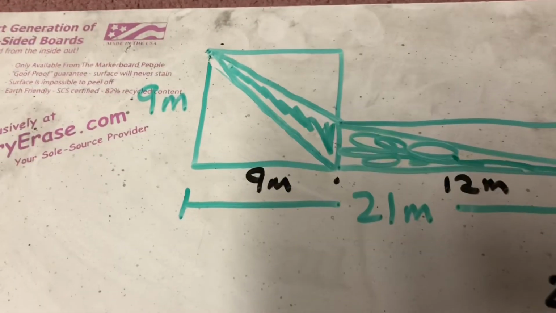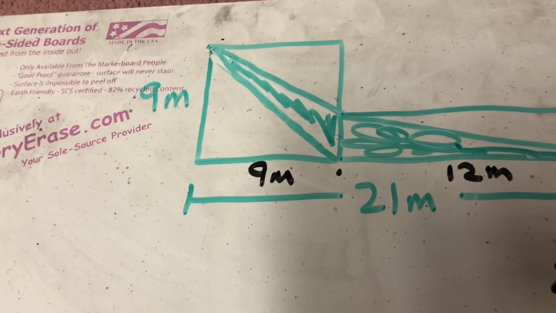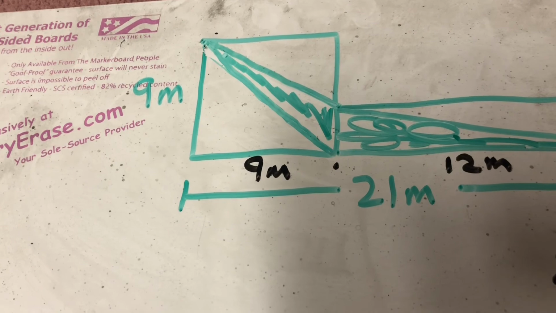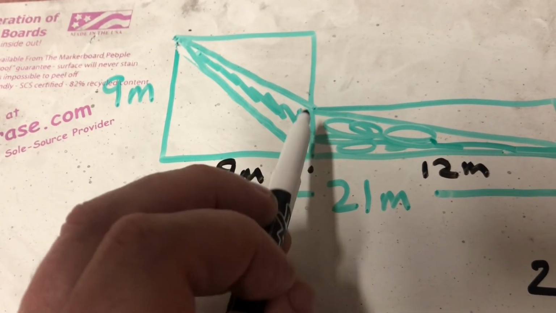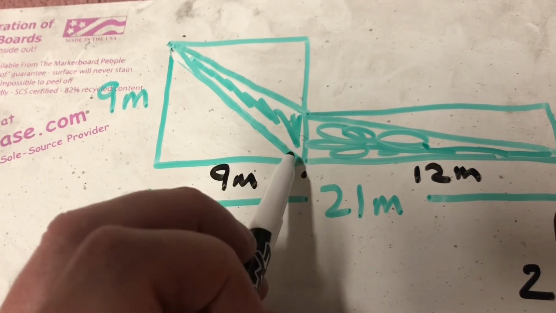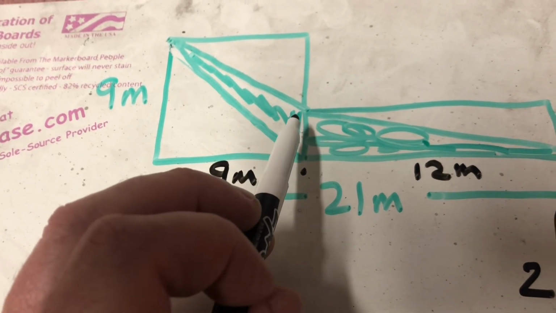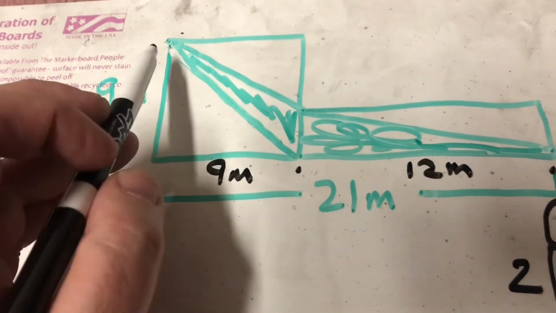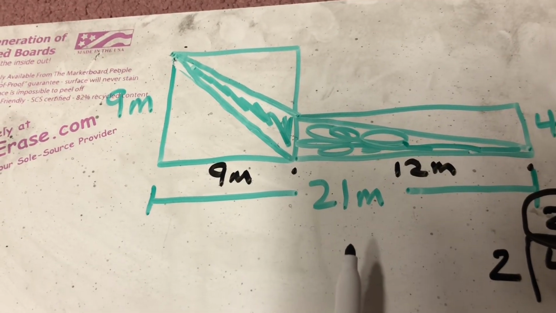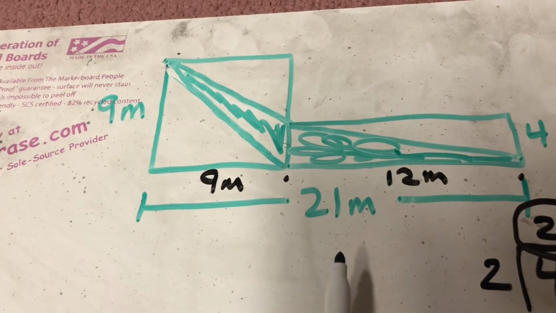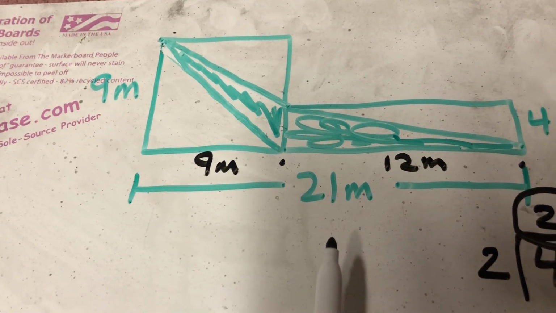Now, this part right here is a little bit interesting because here I have this as my base, okay? And then my triangle kind of goes up there. Now there's a couple different ways that we could do this, okay?